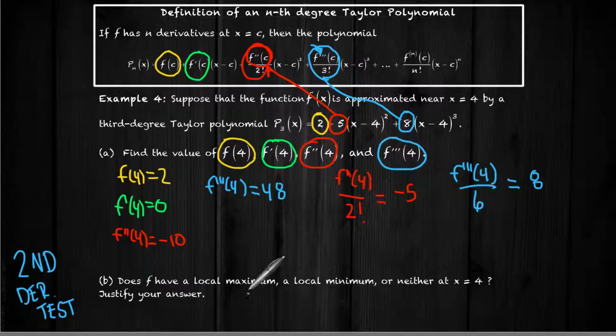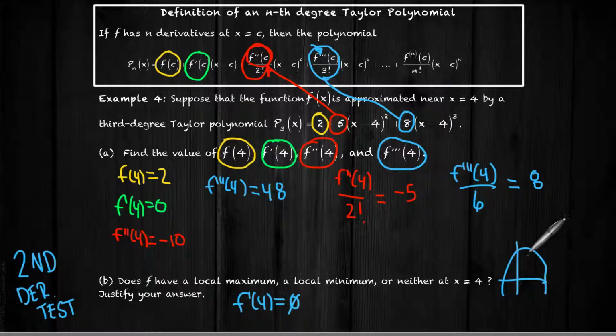Well, f prime of 4, as we denoted in part A, is equal to 0. So that means that there is either a maximum with 0 slope or some minimum value with 0 slope, more than likely. And now the question is, which one is it?